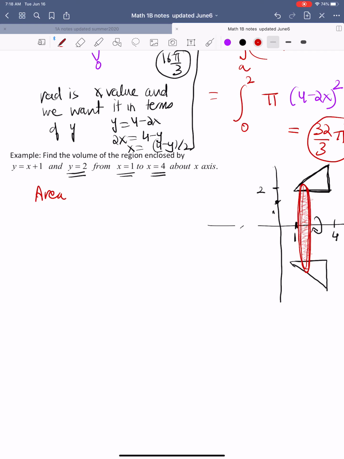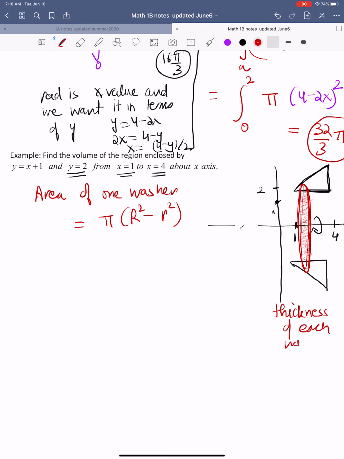Area of one washer would be pi times the outer radius squared minus the inner radius squared. Okay, let's go ahead and think about what the outer radius is. First of all, the thickness of each washer will be in terms of delta x.